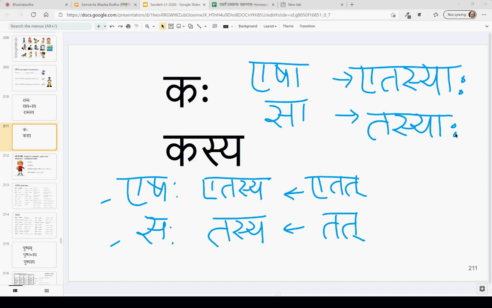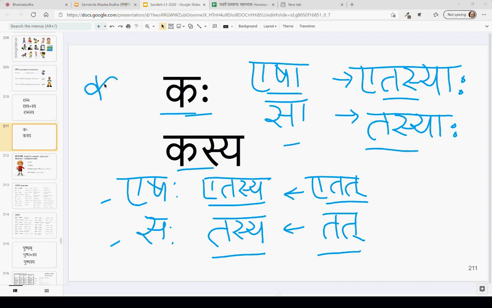So as you notice here, Kaha becomes Kasya, Eshaha, similarly Eshaha, Etasya, Saha, Tasya. And Napunsakalinga forms are also same. So Esha Etasyaha, Sa Tasyaha. And if it is Kaha, so Ka becomes Kasyaha. So they are similar. Tasya, Tasyaha, Ka, Kasyaha.